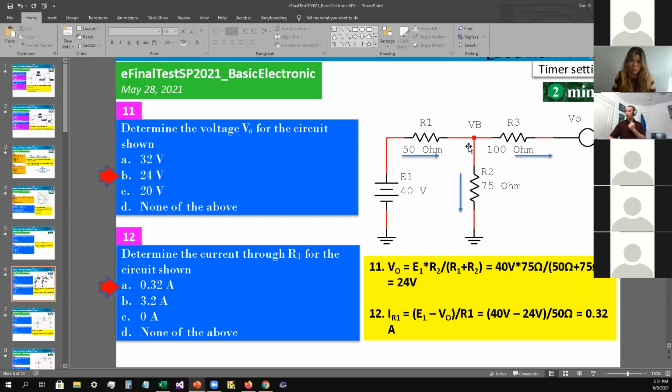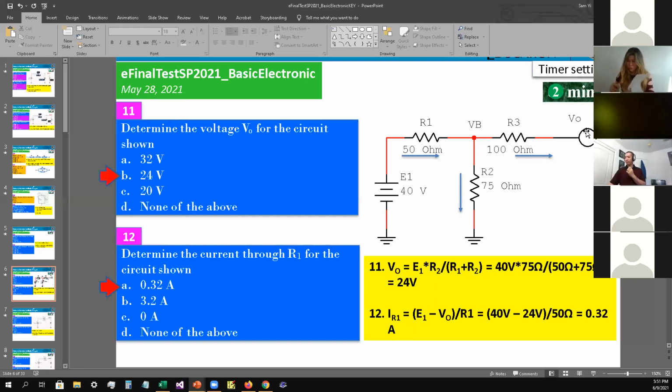So VB right here would be 24 volt, and that is also the same as V out. If this one were connected to the common, then it would be different. But this one is just open, not connected to anything, so VB and V out would be the same value.